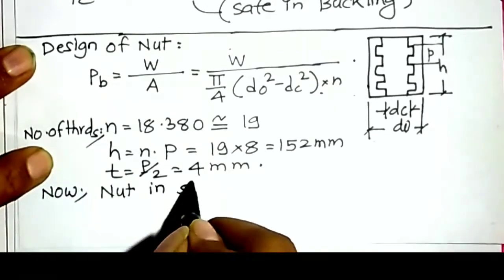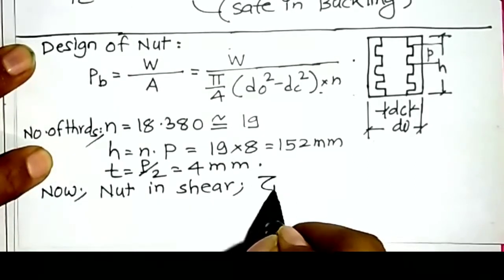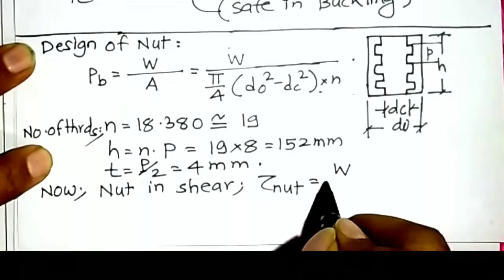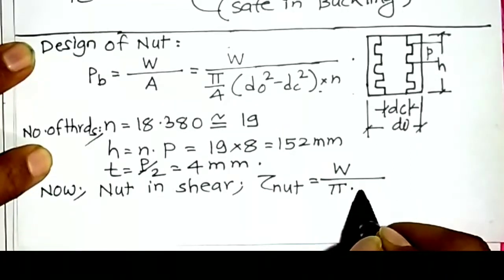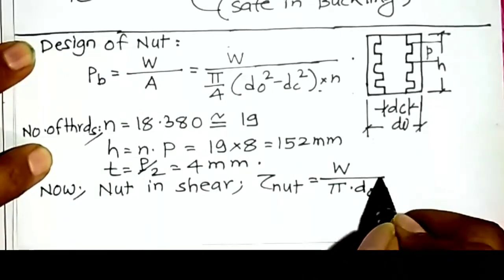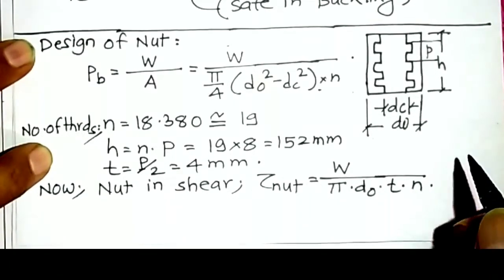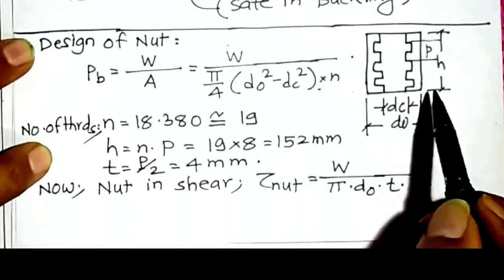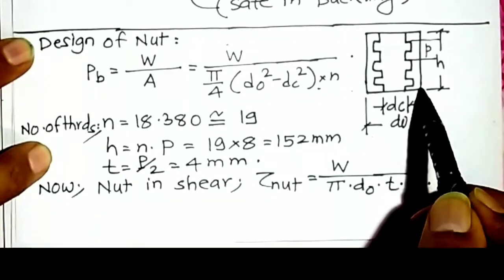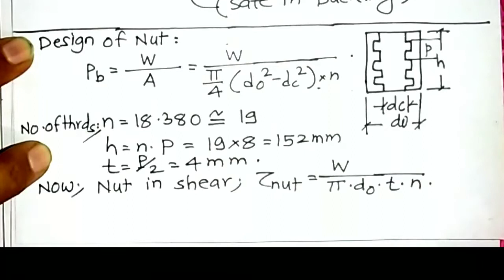So pitch we know it is 8. So 19 into 8 is 152, and for square thread thickness of the tooth is pitch by 2. So pitch by 2 means 8 by 2, that is 4.